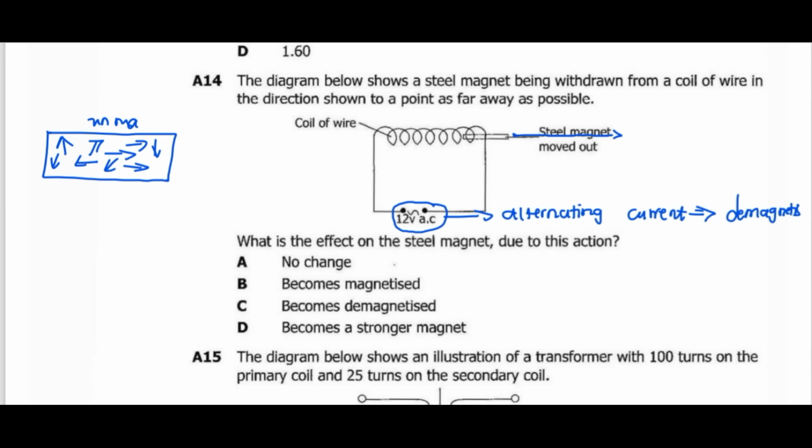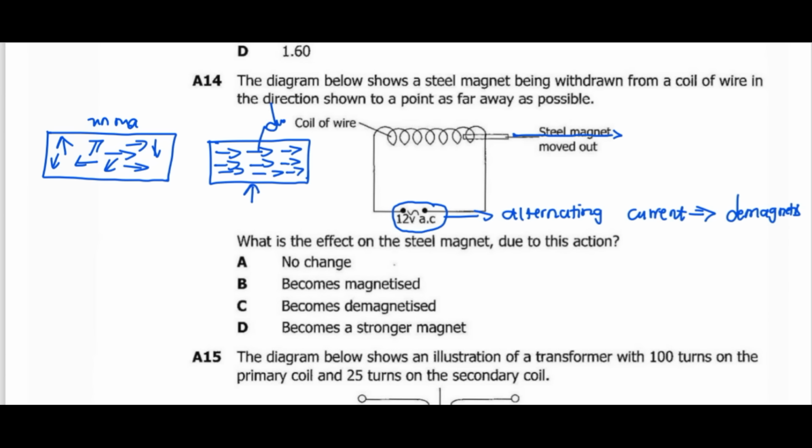They are pointing in different directions. But if we have a magnetized object, the domains point in one direction. They have a uniform direction. So if we want to demagnetize this bar, we just have to disturb the arrangement of these domains.